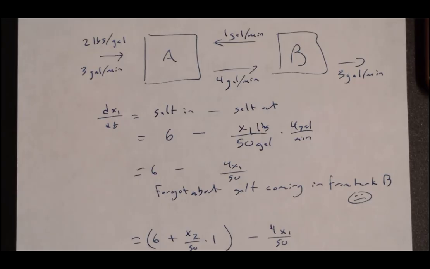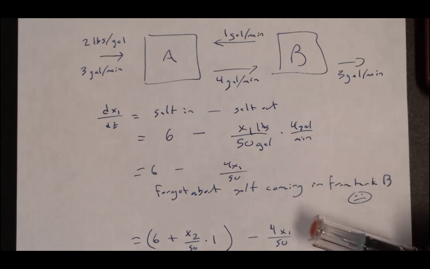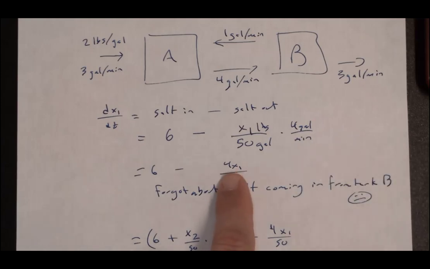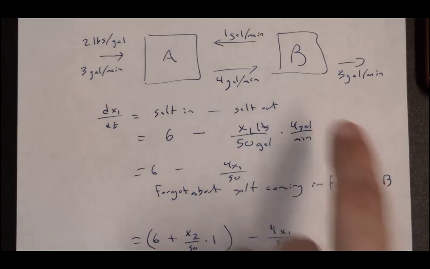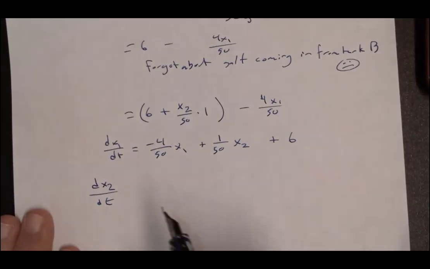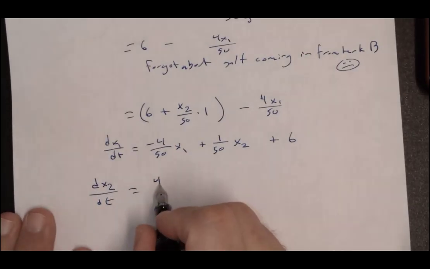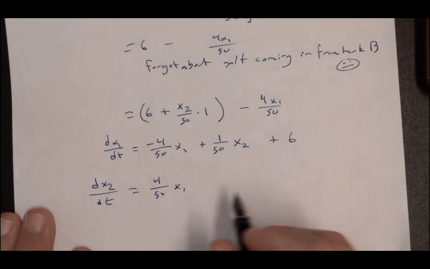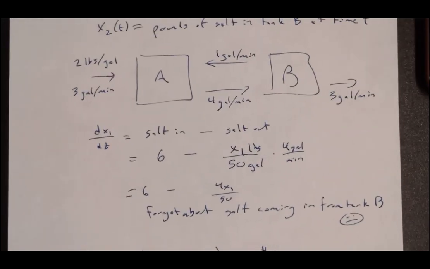I'm going to do salt in minus salt out for tank B. Because that's the stuff that's coming out of tank A, and the only thing that's going into tank B is coming from tank A. Great. So this term, that's the stuff that's going into tank B. So it'll be positive instead of negative. 4 over 50 x1. What about the salt coming out of tank B?